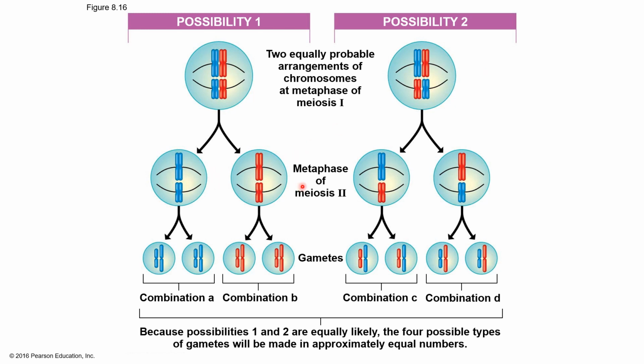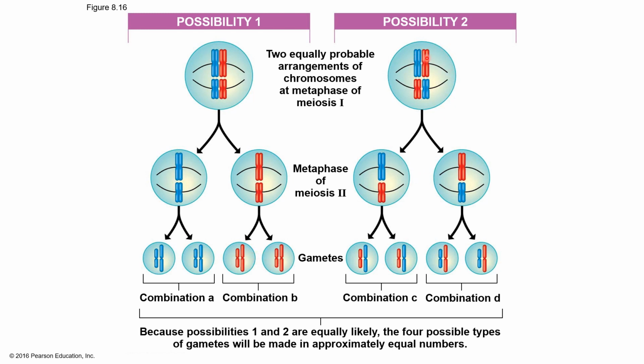How is that going to cause variation? Well, after you go through anaphase 1 and telophase 1 and then go through, again, the second meiotic division, let's go ahead and check out the gametes. Notice how if they line up like so, you're going to have some gametes that have more of the dad's chromosomes and some gametes that have more of the mom's chromosomes.